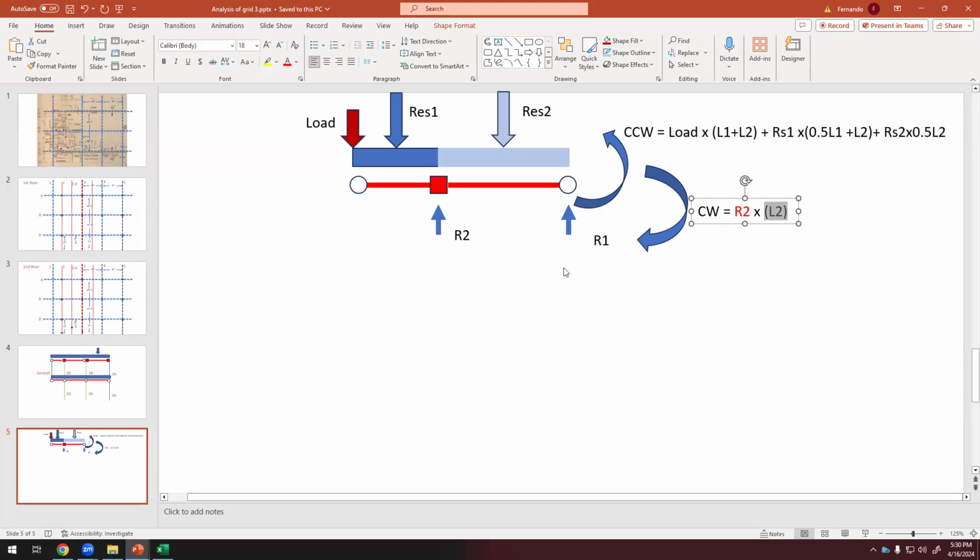So R1 plus R2 equals load plus resultant 1 plus resultant 2.